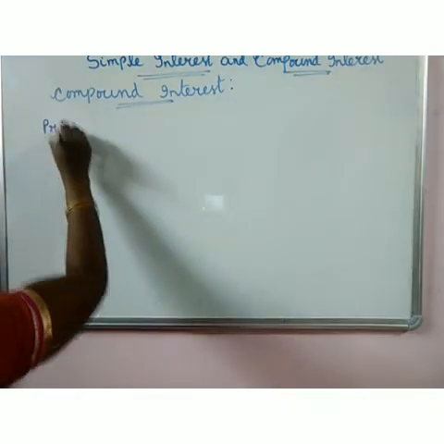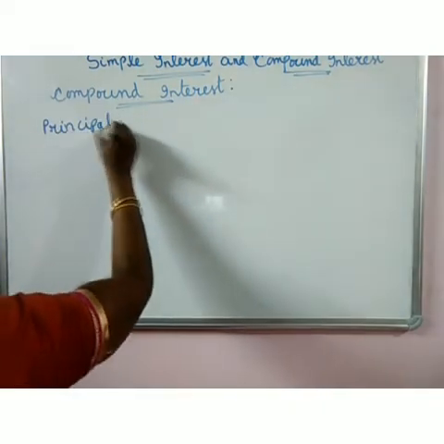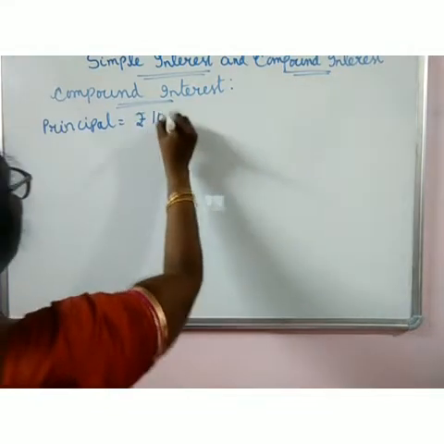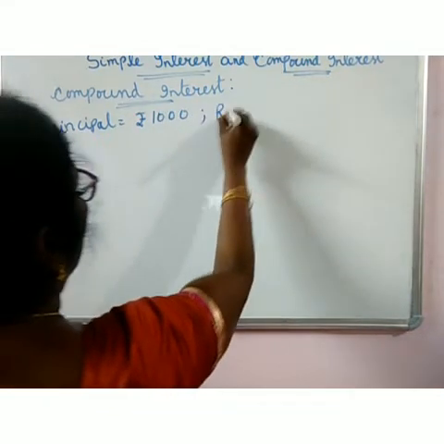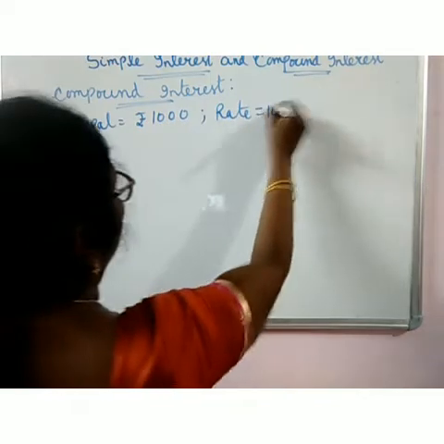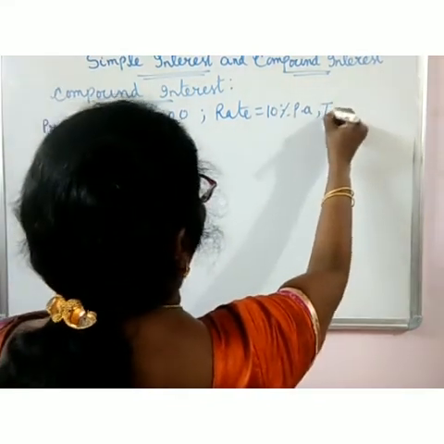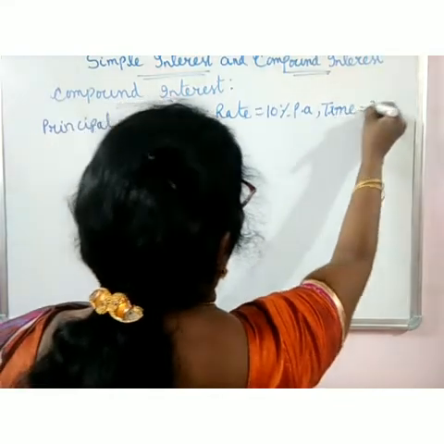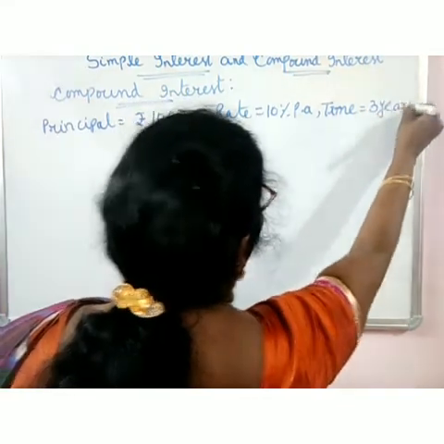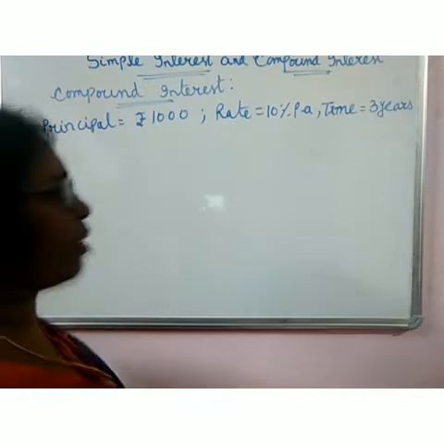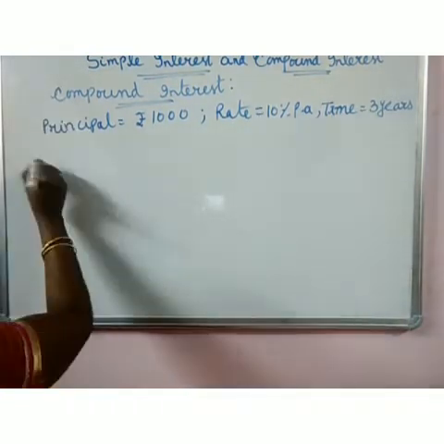Suppose principal is 1000 rupees. Rate is 10% per annum. Time is 3 years. How to find the compound interest? Let me explain you.